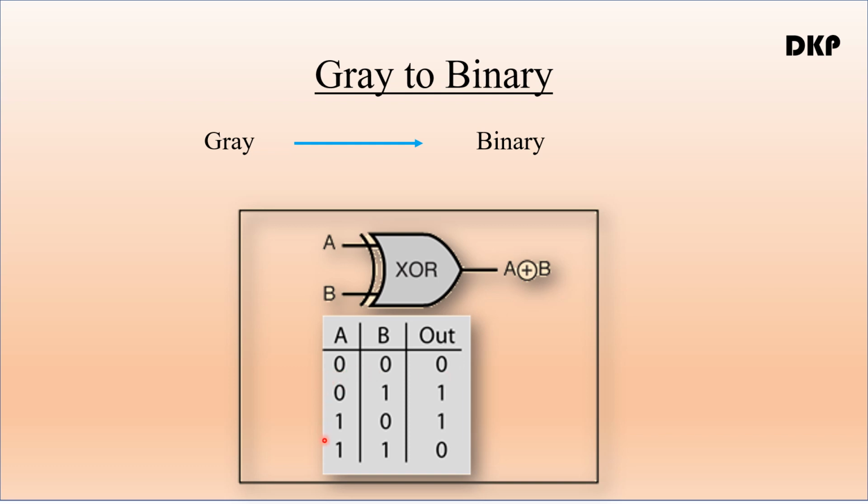And when you give two dissimilar inputs like 0 1 or 1 0, the output is 1. That is, when A equal to 0, B equal to 1, the output is 1, or when A equal to 1 and B equal to 0, the output is 1. So this is the logic of XOR gate. So we are going to apply the truth table of the XOR gate in order to convert a gray code to binary code.